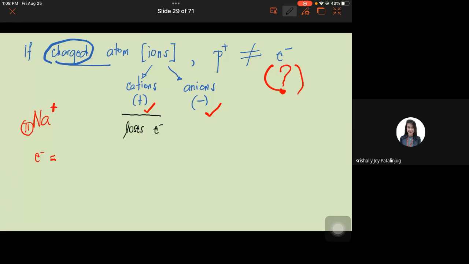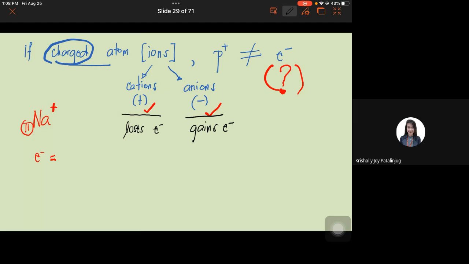So for those cations, those atoms that form cations, they lose electrons during chemical reaction. And then for the negative ions, if it carries a negative charge, what happens during chemical reaction? They gain electrons.